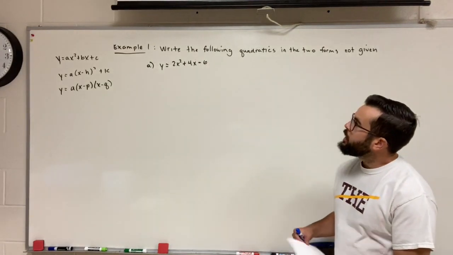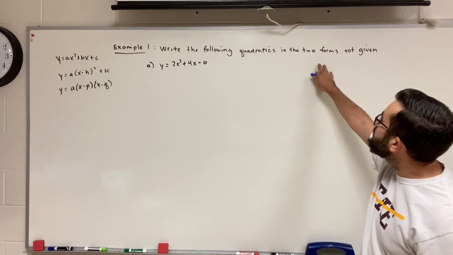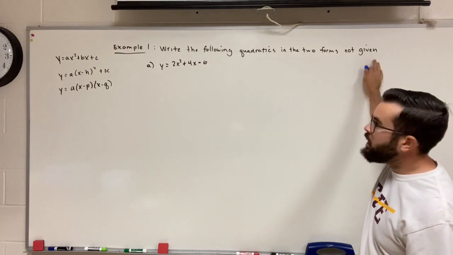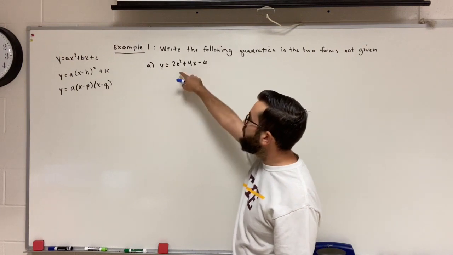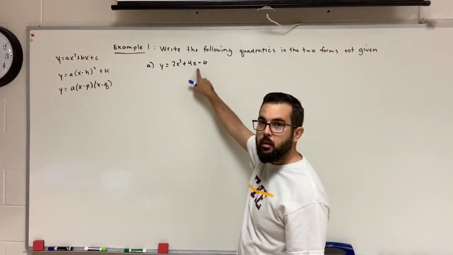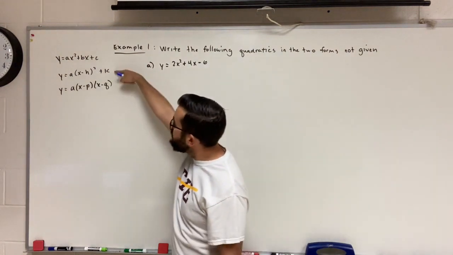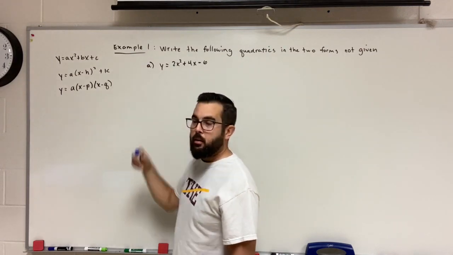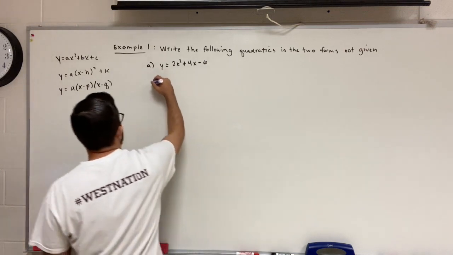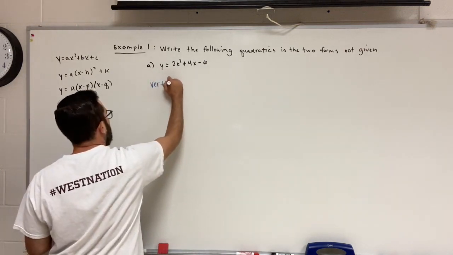All right, so first example: write the following quadratics in the two forms not given. Our first one we have in standard form, so we need to write it in vertex form and then in intercept form. I'm going to start with vertex form.